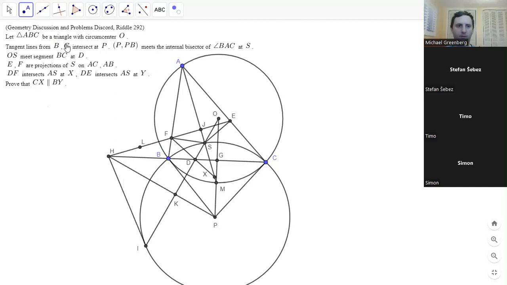Yeah, just by projection through X onto EF. Okay. Yeah, that makes sense.